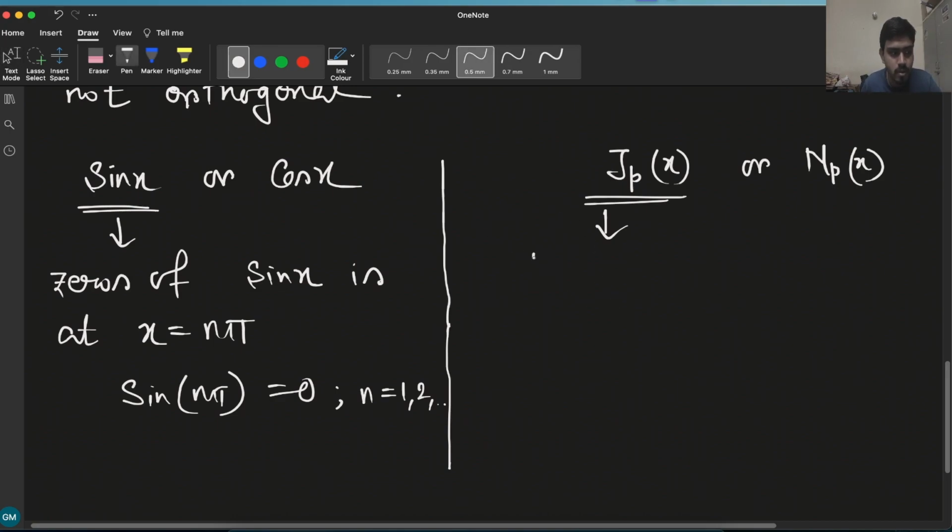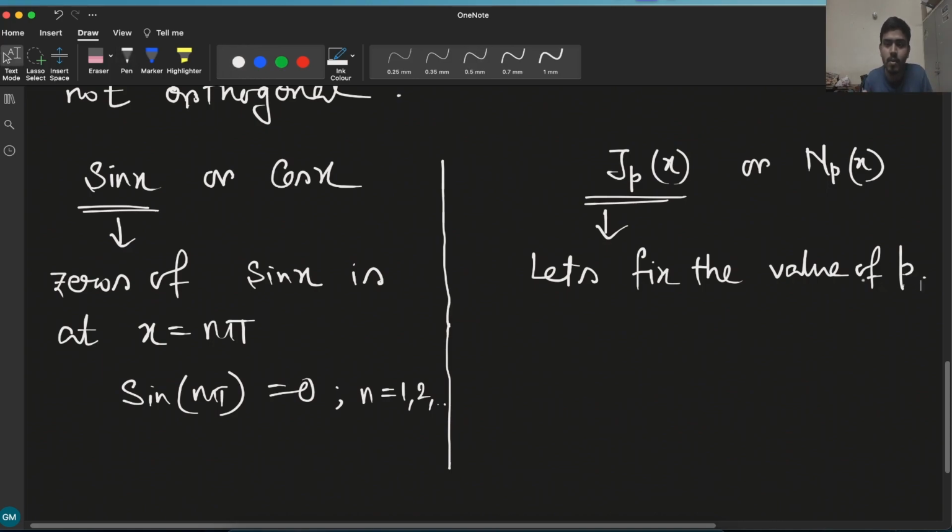I will not talk about different Bessel functions, different values of p. So let's fix the value of p. All I will be talking about is a particular value of p. So I will not say that for two different values of p, the Bessel functions will be orthogonal. That's not the case.